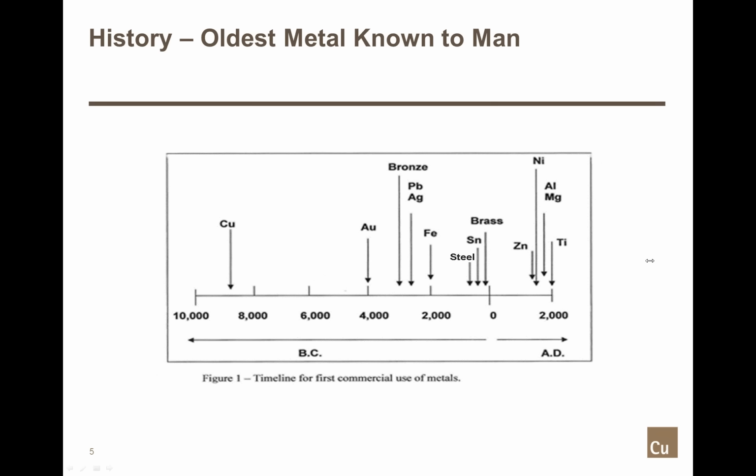Things like nickel, aluminum, and titanium were very recent discoveries, and our ability to make those into pure metals has been very recent. So we're working with a very old material.